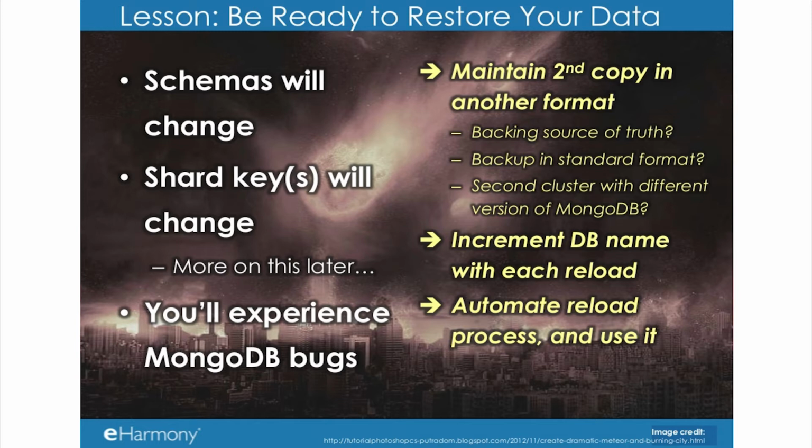Or maybe you've got this thing in production and it's working pretty well, but it's not performing very well because the data is not sharded in an efficient way. And you can't change your shard key on a live database. You have to copy it somewhere else.